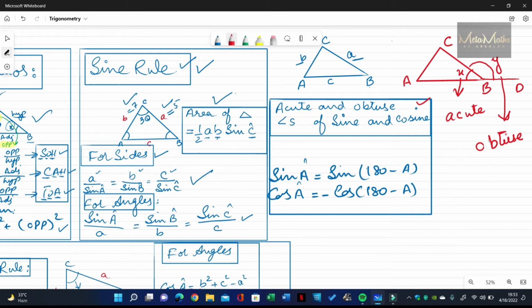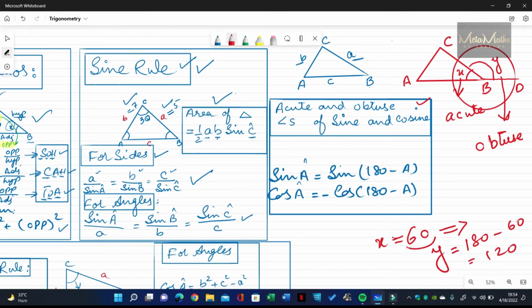You can easily understand that both angles are on a straight line, so their sum will be 180 degrees. So if X is equal to 60, then Y is equal to 180 minus 60 equals 120.